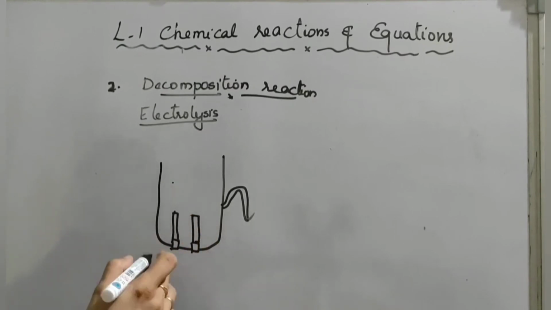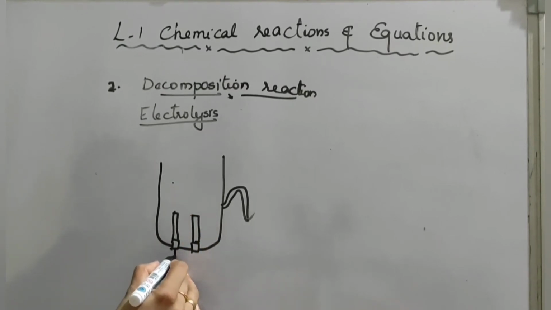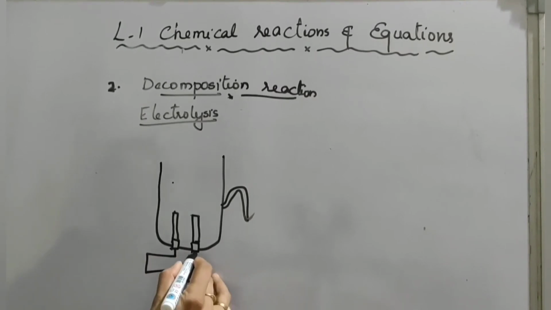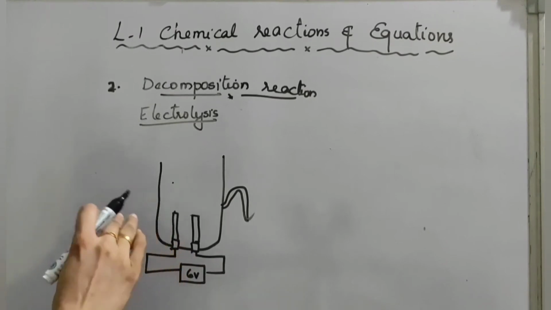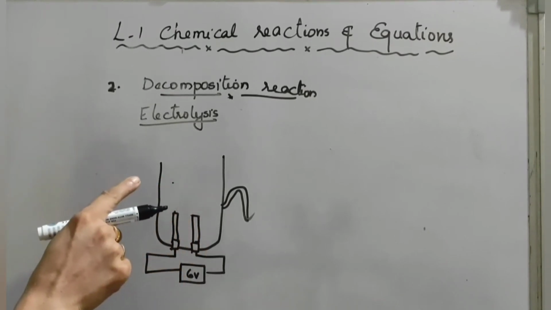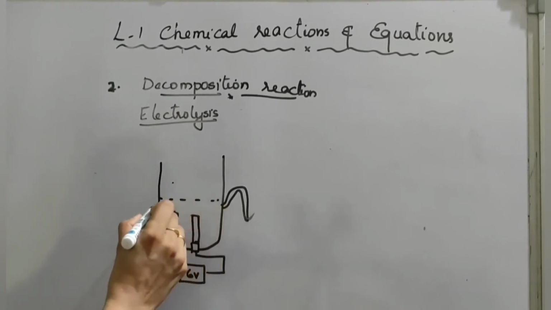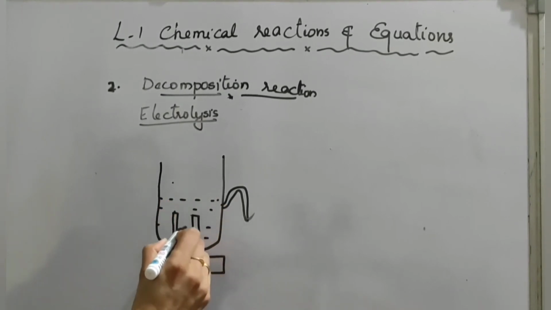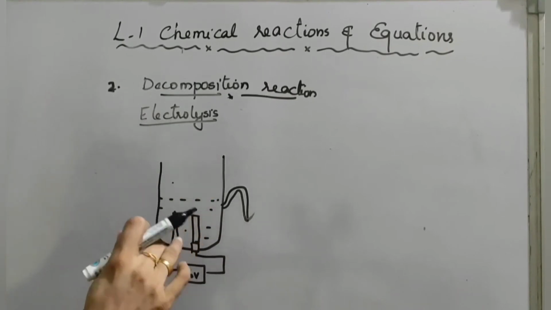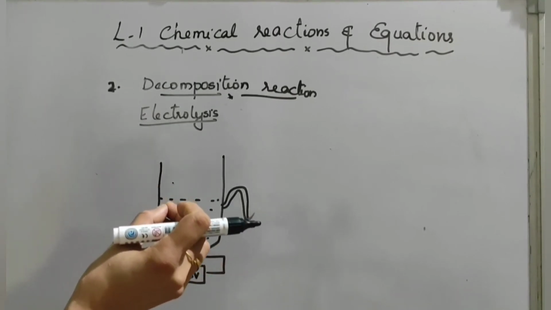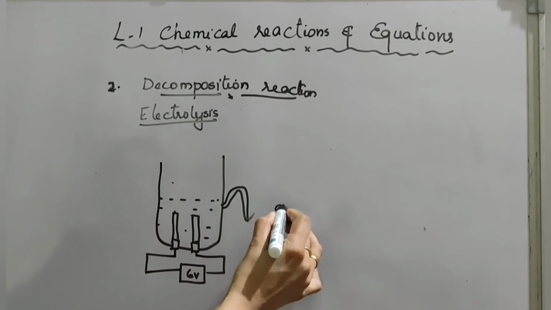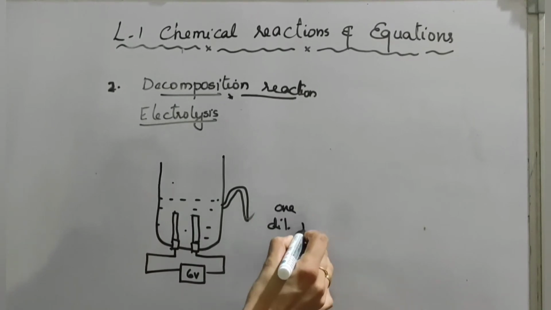Next, connect these electrodes to a 6-volt battery. Fill the mug with water. The main thing you have to remember is that these electrodes must be immersed, so fill the water like this. It is not necessary, but you can add 1 drop of dilute sulfuric acid.